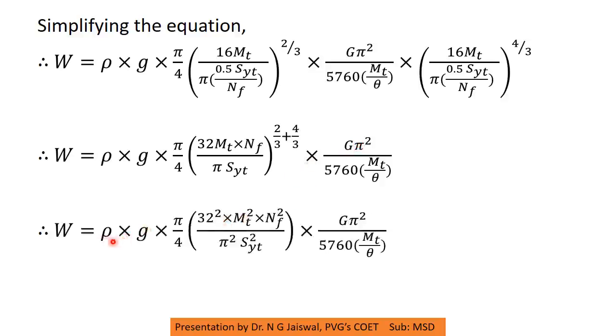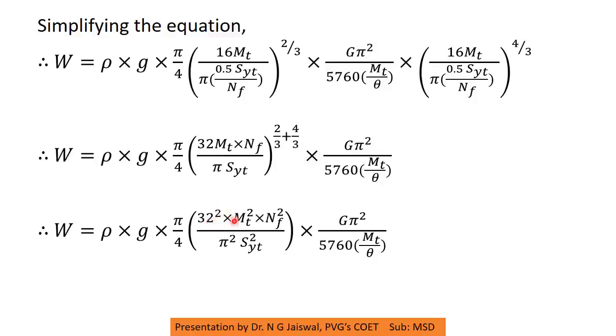So what you get? W is equal to rho into G into pi by 4 as it is. The summation of this becomes 6 by 3, 6 by 3 is equal to 2. So there is a square of this entire bracketed term.